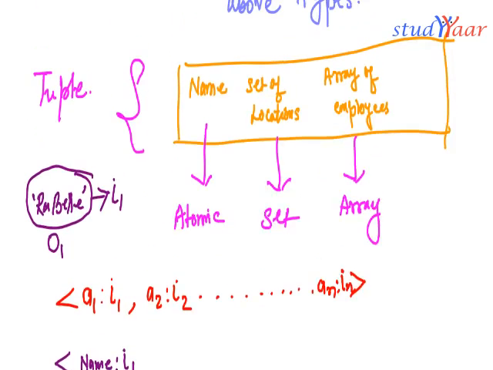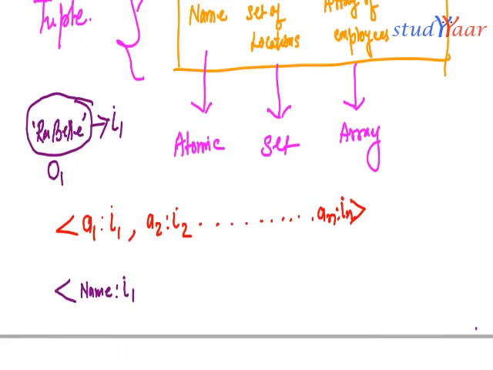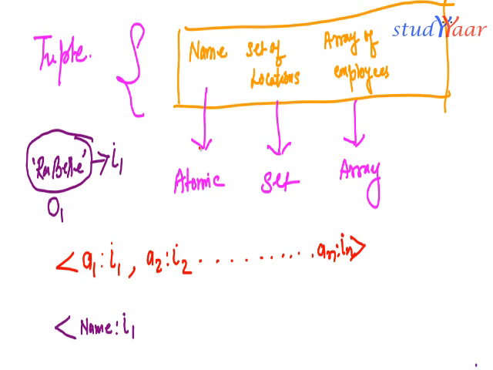So how would I store my above tuple? I would store it like this. I would have my name, I would have a set of locations, and let's suppose this set has an object identifier I2.